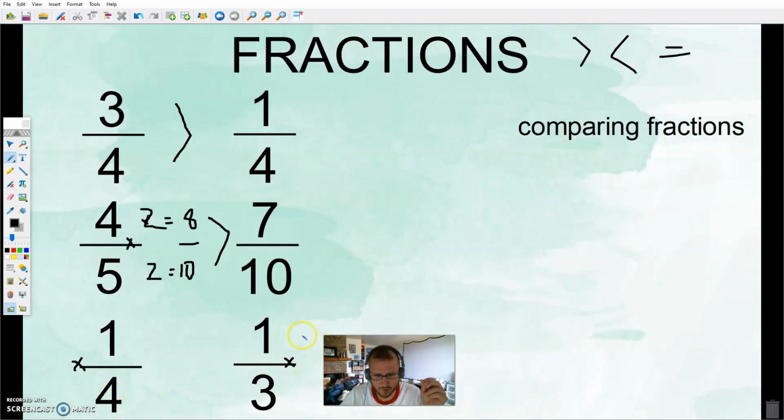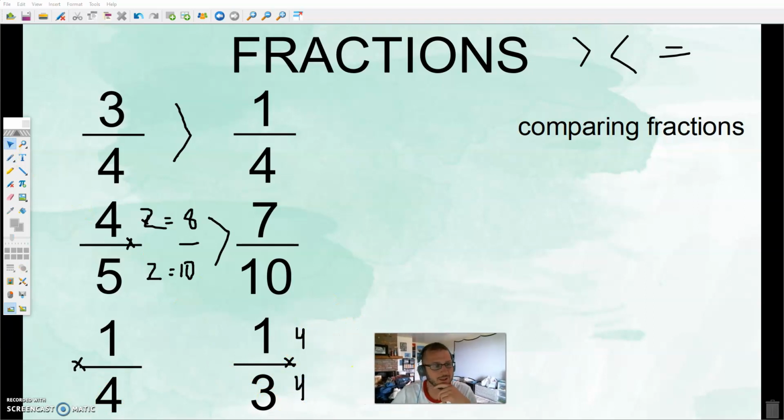So if 1/3, I'm going to multiply that by 4 over 4. So if I multiply that by 4 over 4, 1/3 is going to be 4/12. And then I'm going to do the same thing here with the opposite number. I'm going to multiply the 4 by 3 over 3. This will make it so they end up having a common denominator.